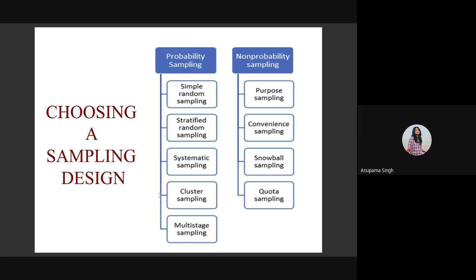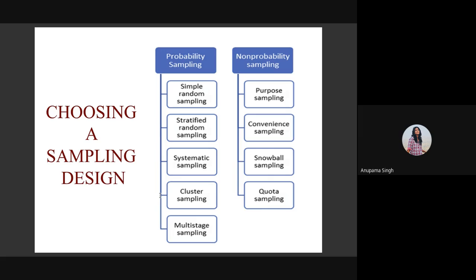In non-probability sampling, most of the decisions are taken by the researcher on the basis of prior or current knowledge about the phenomena. And a lot of times it happens that you don't have that much of a technically sound background. Technically sound background means you don't have all the parameters, all the values of the population, right?